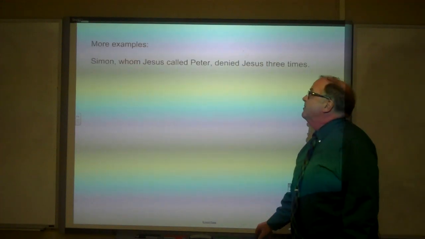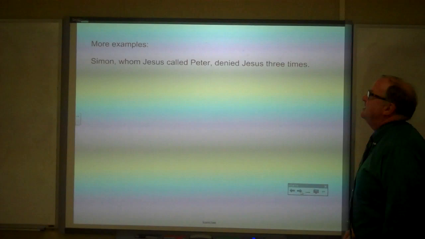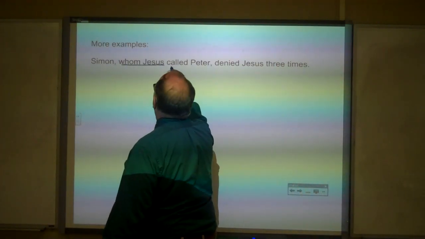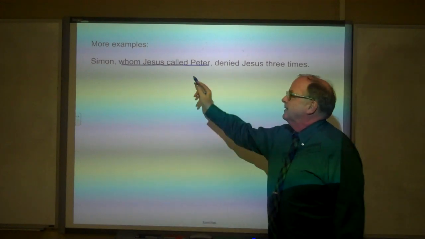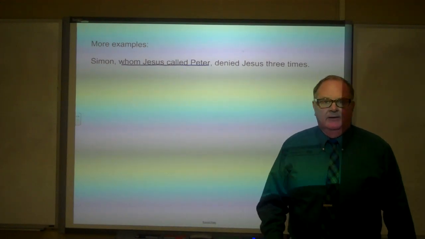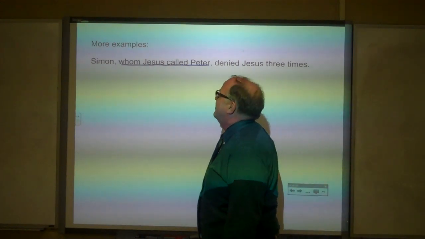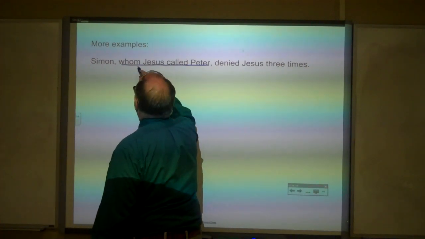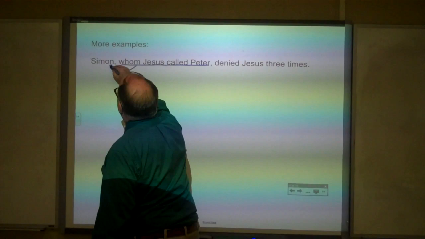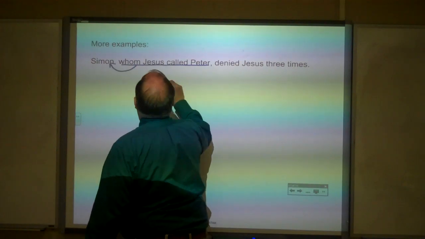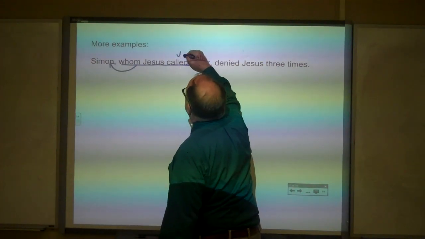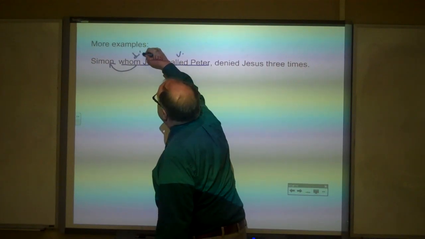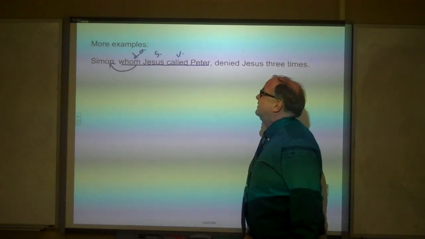Simon, whom Jesus called Peter, denied Jesus three times. Whom Jesus called Peter modifies Simon. It's an adjective clause. In this case, called is the verb, Jesus is the subject, and whom is the direct object in the clause.